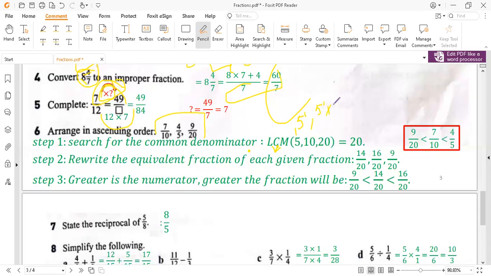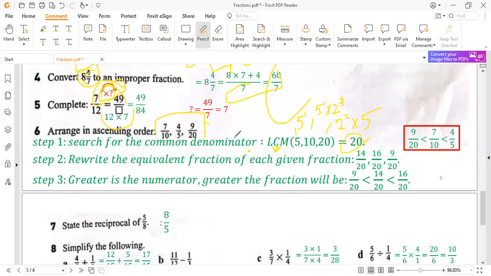And 20 is 2 power 2 times 5. The lowest common multiple is 2 power 2 times 5, taking the common factors with the highest degree, to obtain 20. 20 is the lowest common multiple.